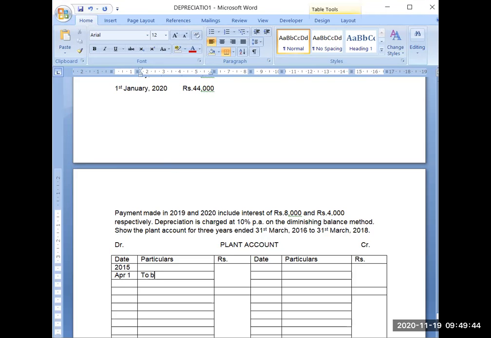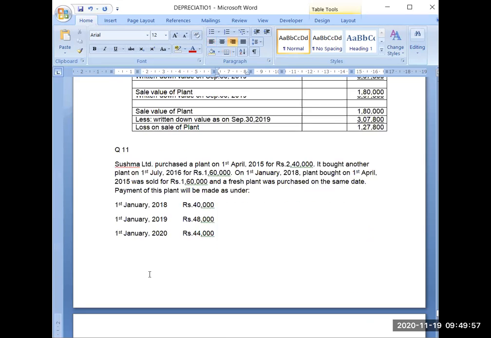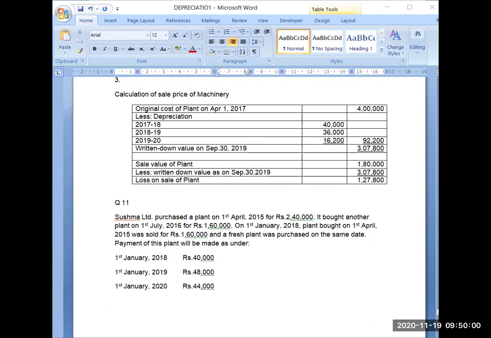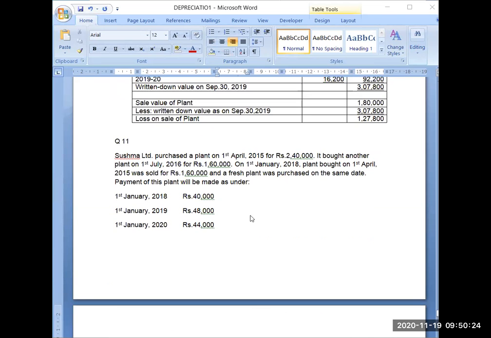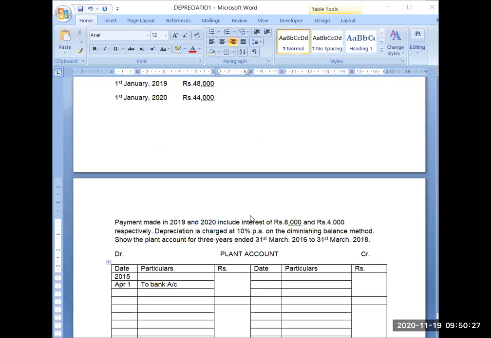To bank account. And the amount is 2,40,000.